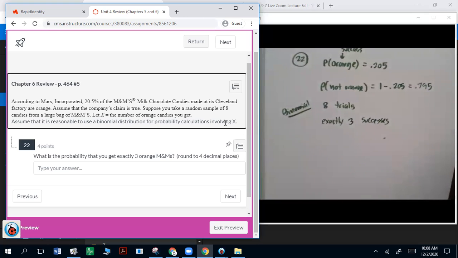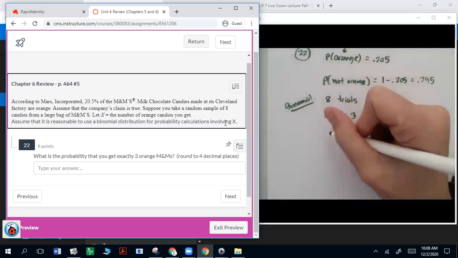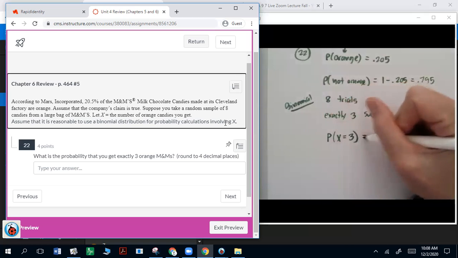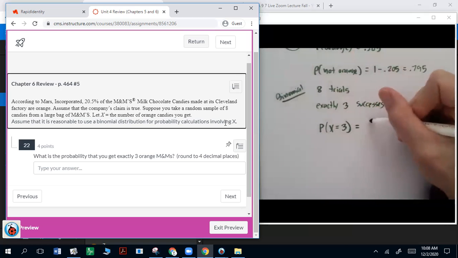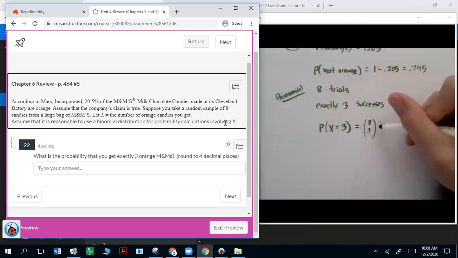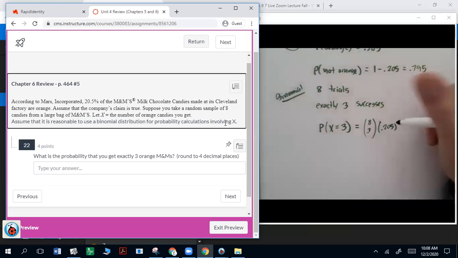The way you set that up using the formula is you say probability X equals 3. And you would do the binomial coefficient, which is this little skinny, it's not division, it's just 8 trials, 3 successes. Your success, 0.205, and that's going to be to the 3. And your failures, the not oranges, well, that's going to be 8 minus 3 because there's 5 left over.